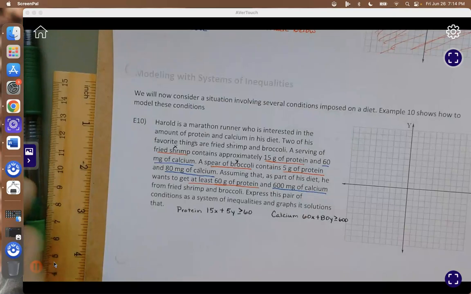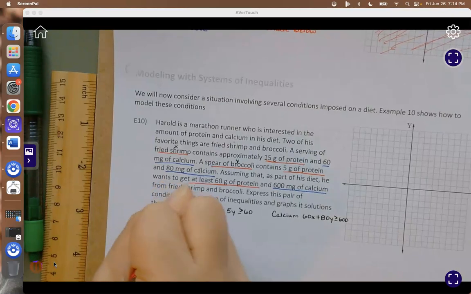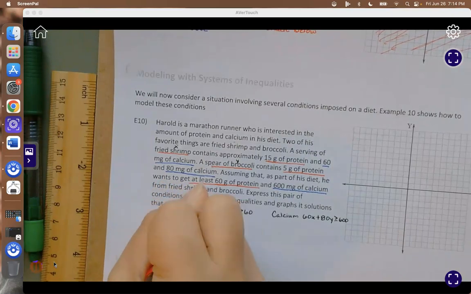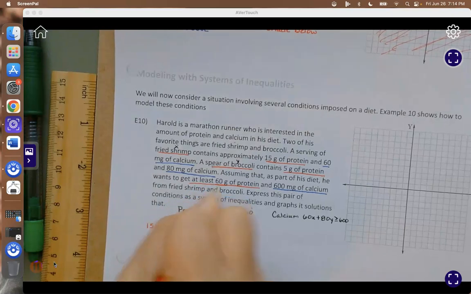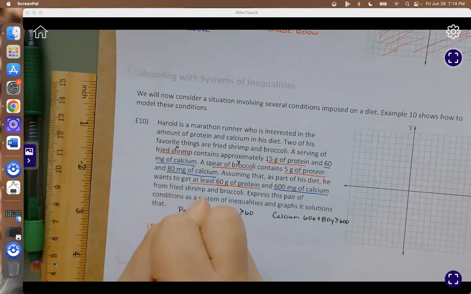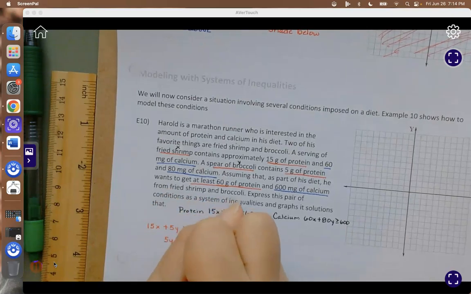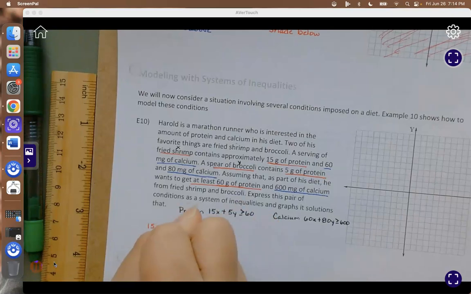Alright, so I'm going to do this one first. So 15x plus 5y is greater than or equal to 60. So we're going to move the 15x over by subtraction. Then we're going to divide both pieces by 5.